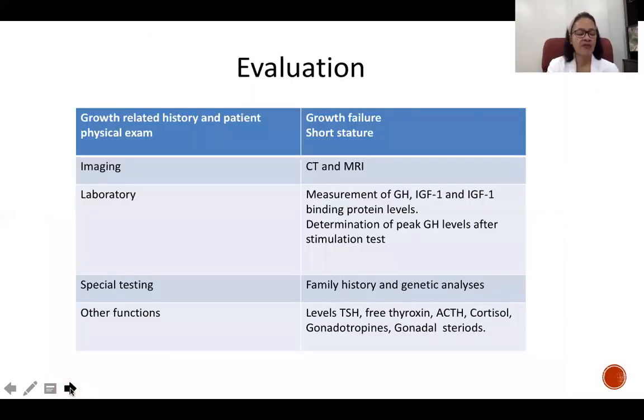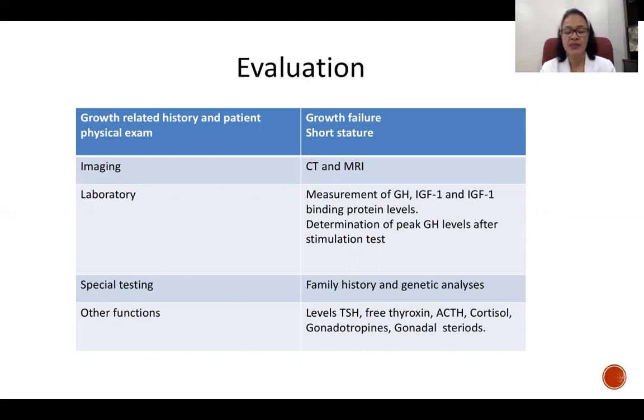So how do we evaluate patients with hypopituitarism? The diagnosis of hypopituitarism is made by measuring the basal hormone levels in the morning, usually in a fasting status, or you can perform stimulation tests if necessary.